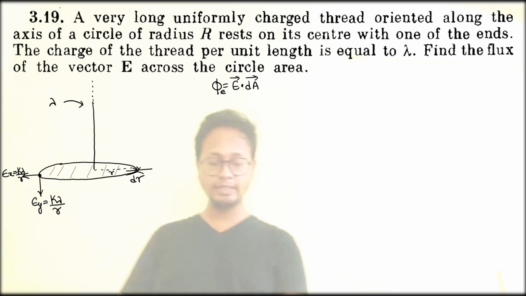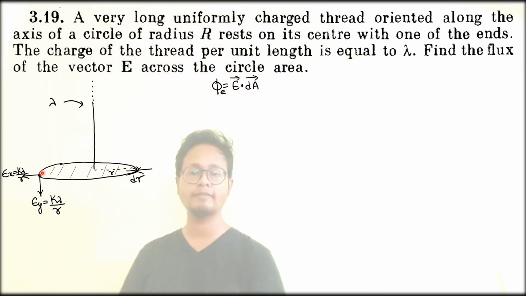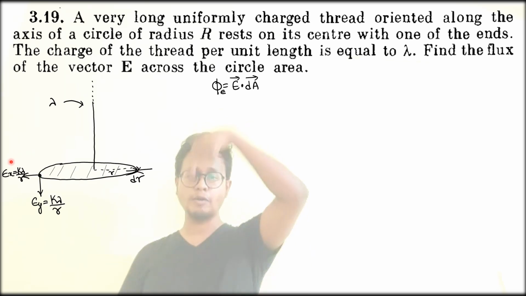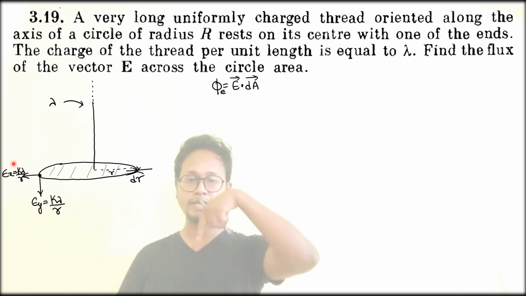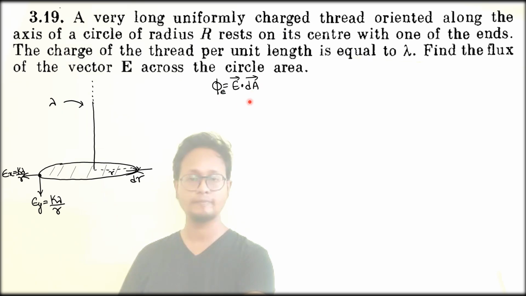Now if you see this properly, E dot dA is nothing but the dot product of electric field and area vector, no? So the area vector of this elemental ring would be downward, isn't it? So the angle between Ex and the downward area vector would be 90. So this component of electric field wouldn't provide any flux out here. Understood? All the flux would be provided by the Y component of electric field due to this semi-infinite wire.